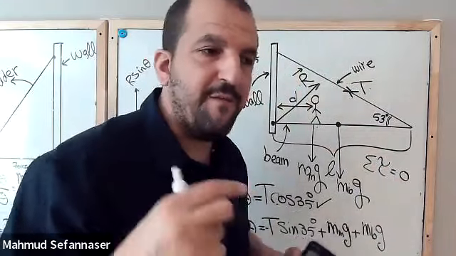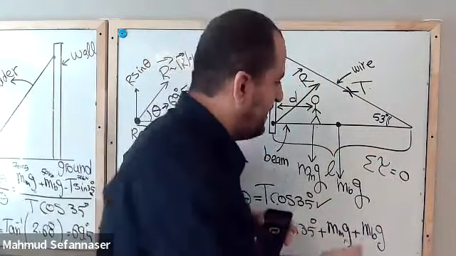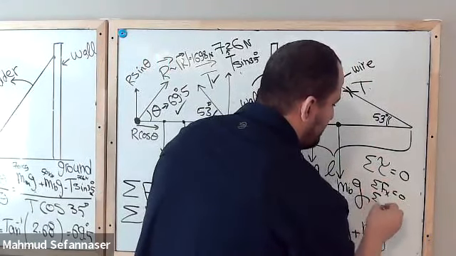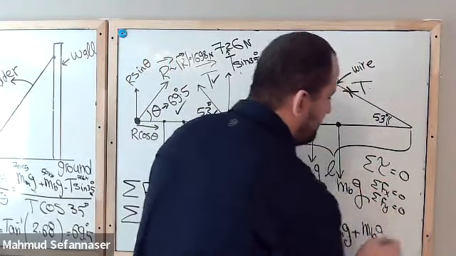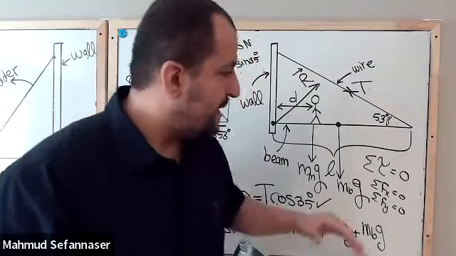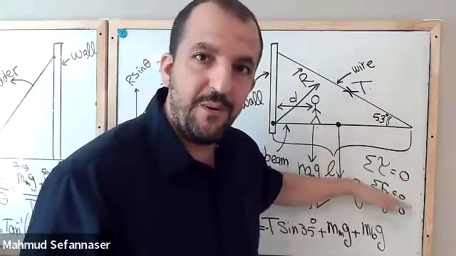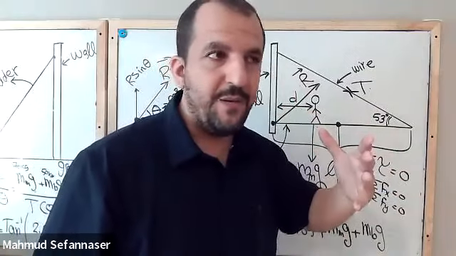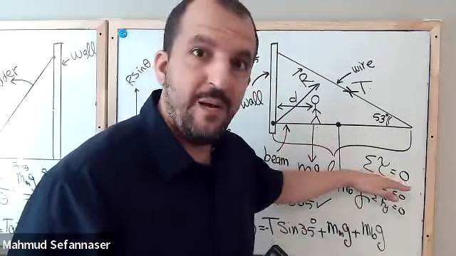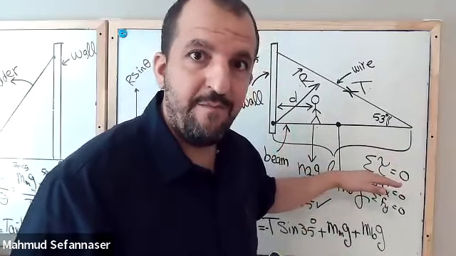This is the first thing from rotational motion. And summation over Fx is equal to 0, and summation over Fy is equal to 0 from linear motion. So these are the first two ideas that you should have in your mind when you solve problems like this, because they will help you a lot.